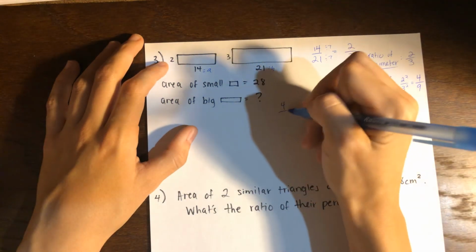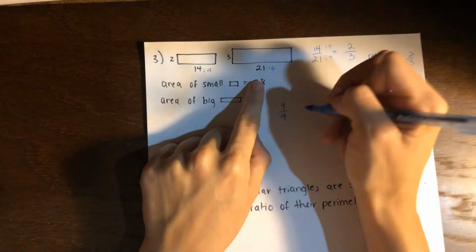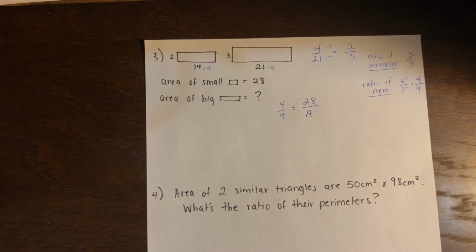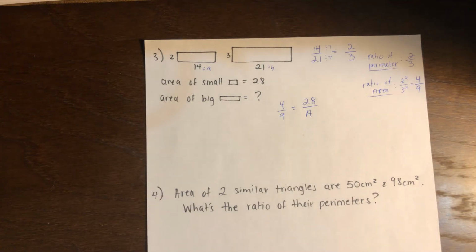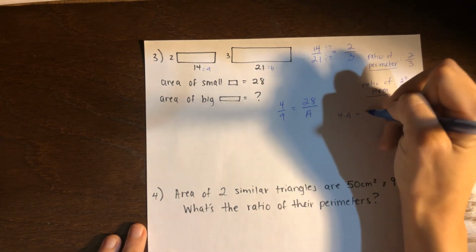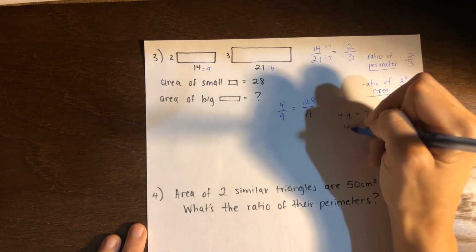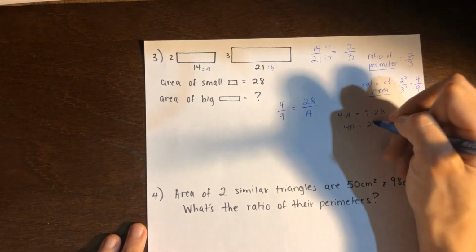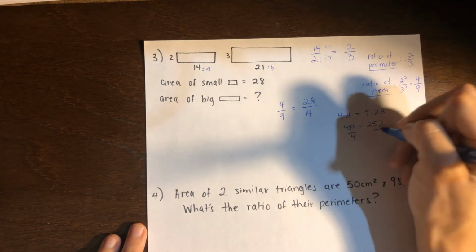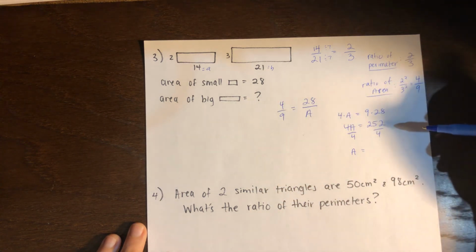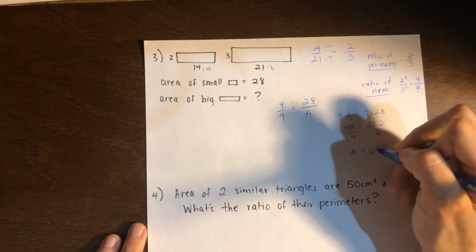So I'm using 4/9, and then I'm given the small one, which goes up top, over the big one, which is missing. So again, we're cross multiplying and we're going to solve. I have 4 times A is equal to 9 times 28. So I get 4A is equal to 252. We divide by 4. A is equal to 252 divided by 4, which is 63.